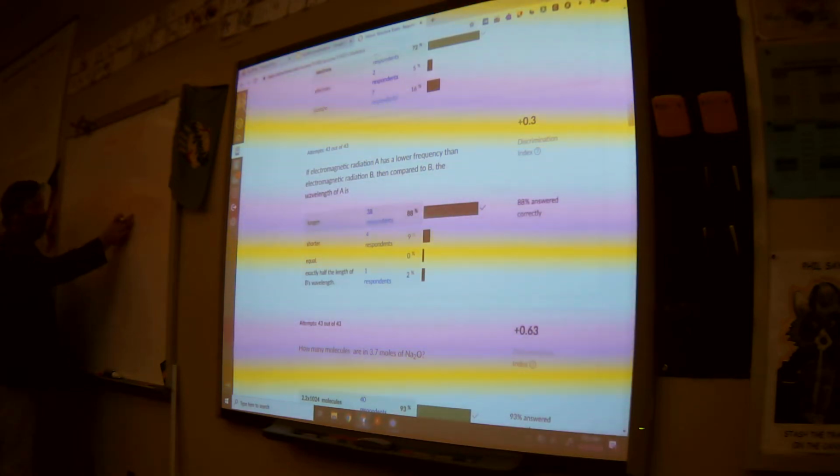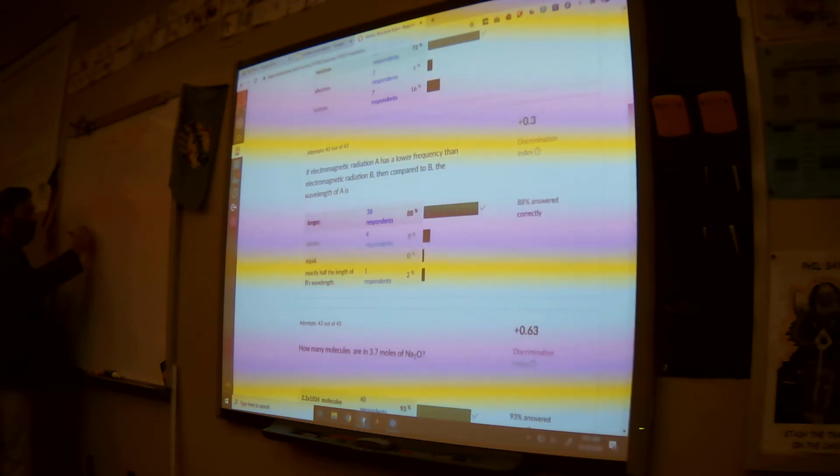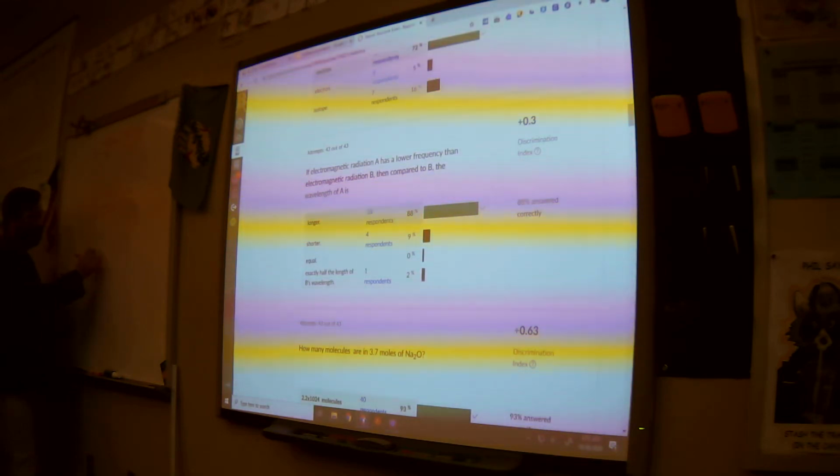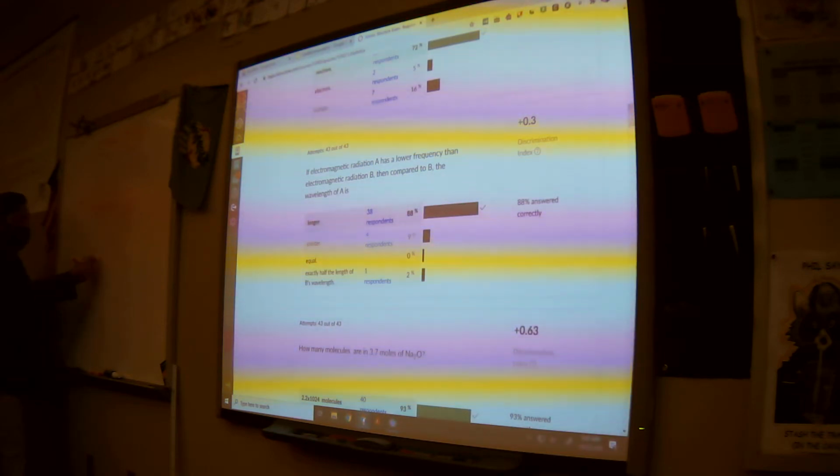Speed of light is constant. So basically what we're saying here is something like x times y equals c. If y goes down and c stays the same, what happens to x?